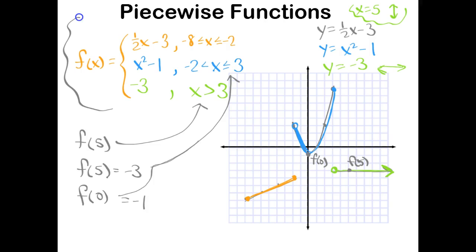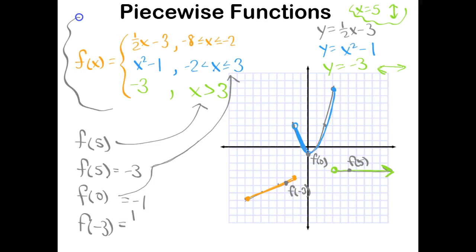Alright, then finally, what if I had f of negative 3? Okay, so I look at negative 3 on the graph, 1, 2, 3. I'd be right here. Negative 3. I think that's negative 4.5. But since my graph wasn't perfect, I'm going to plug it in to make sure.